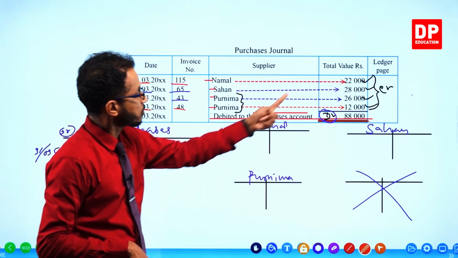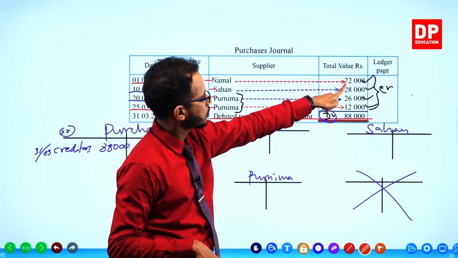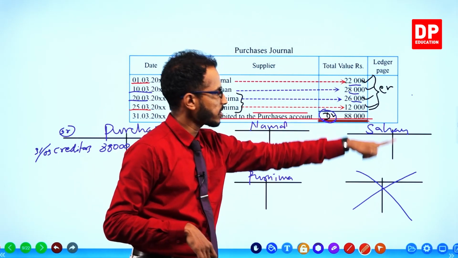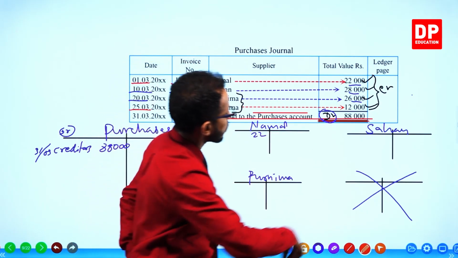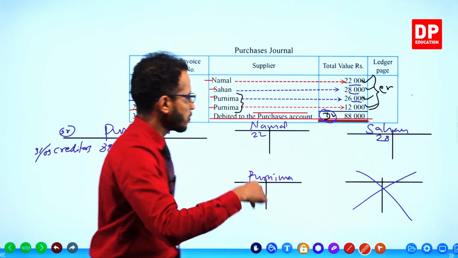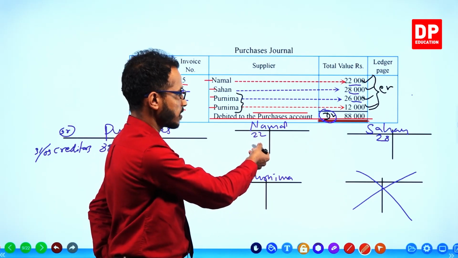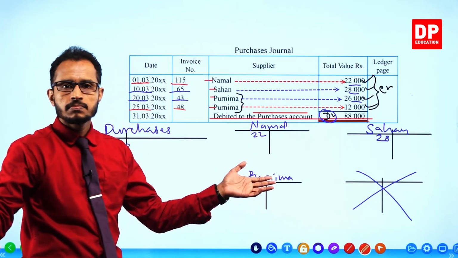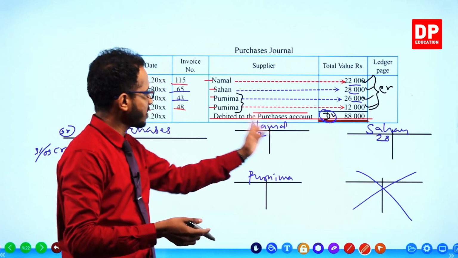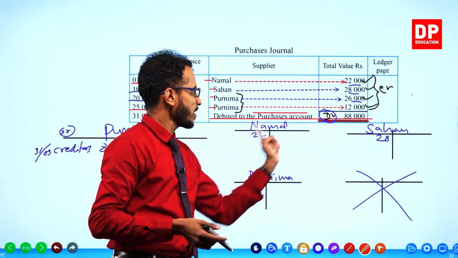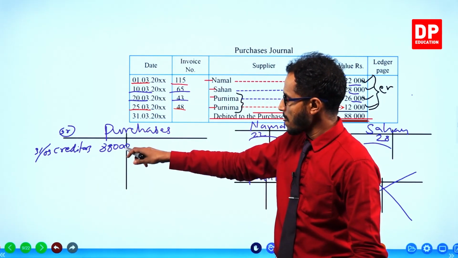Individual creditors accounts debited with individual amounts, right? So Namal account 22,000 and Sahan's account 28,000 and Purnima's account debited. Namal is debited, Sahan is debited. Where's your attention? How can I debit these accounts after debiting this entry?